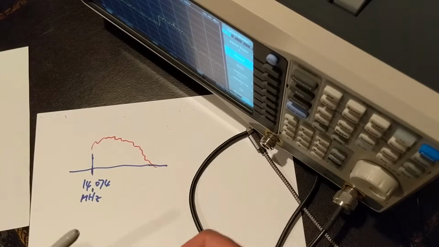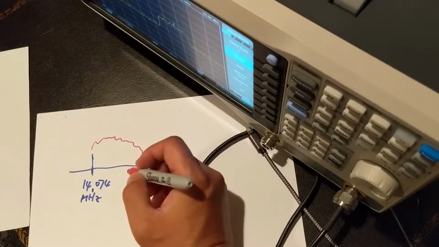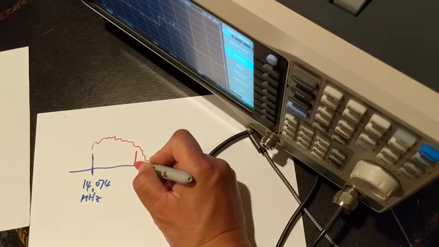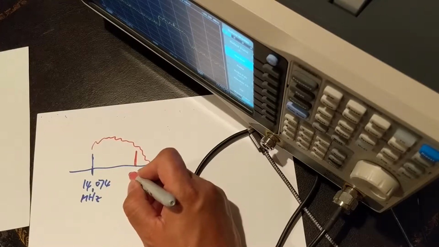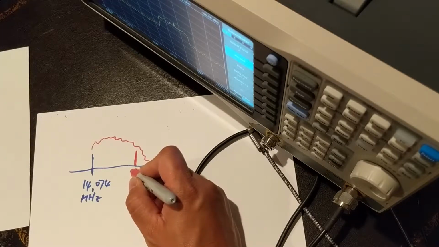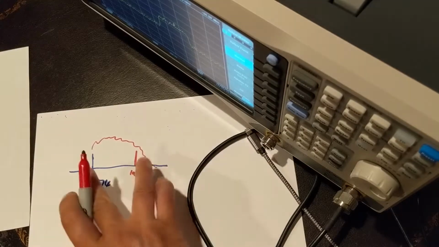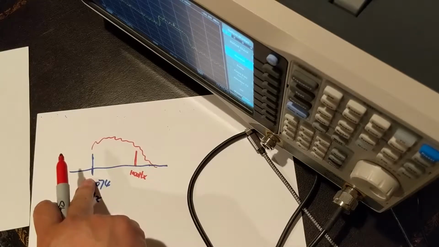So when I say 100 hertz, that's audio. It means here, 100 hertz away. And 1000 hertz away from the carrier frequency. I call this the invisible carrier.